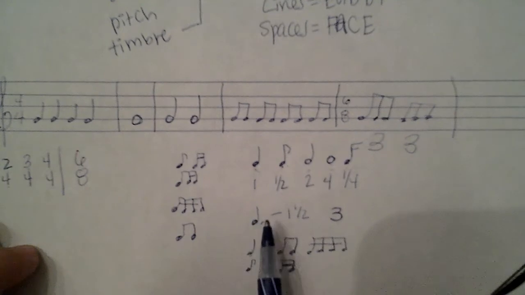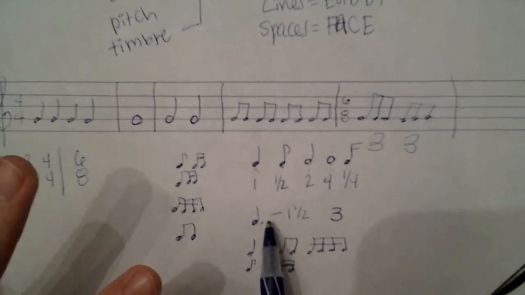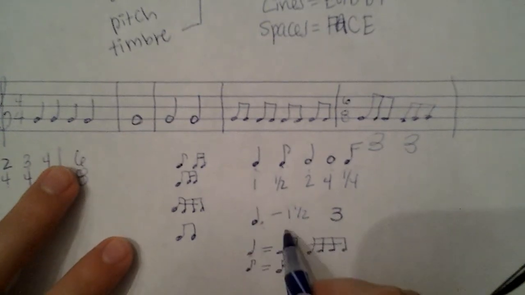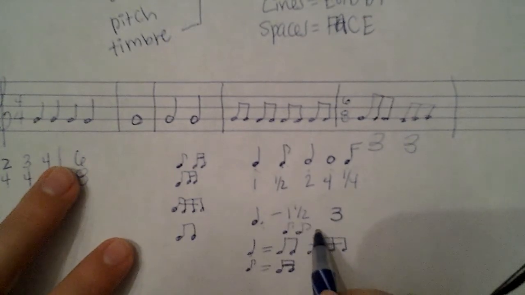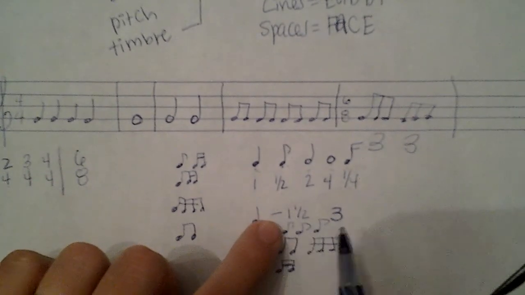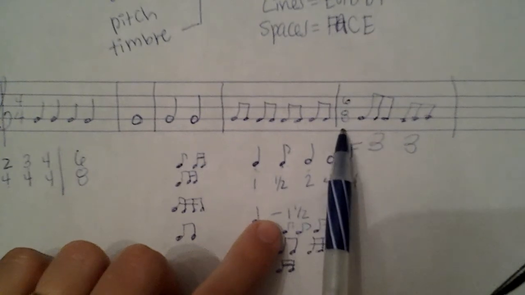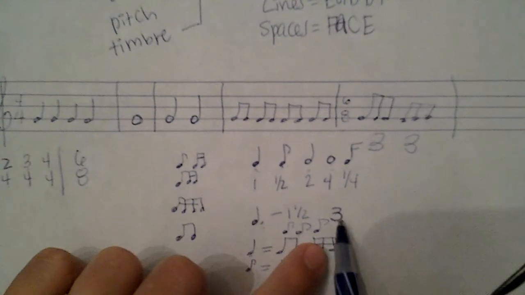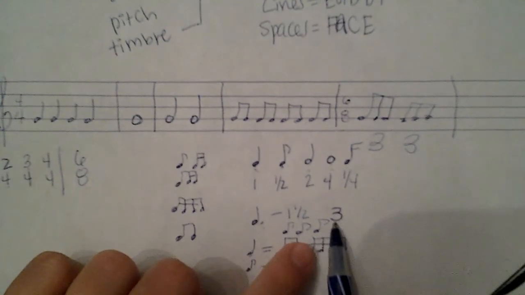A quarter note is going to equal 2 eighth notes. So if I add a dot, that means that now it's 3 eighth notes. Do you see how that would be 1.5 technically? Well, when you're in 6/8, the eighth note is getting the beat. So therefore, it's 3 beats. All right?